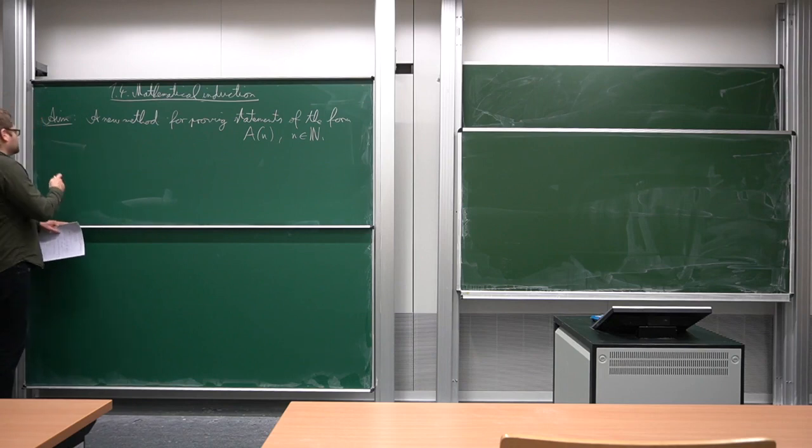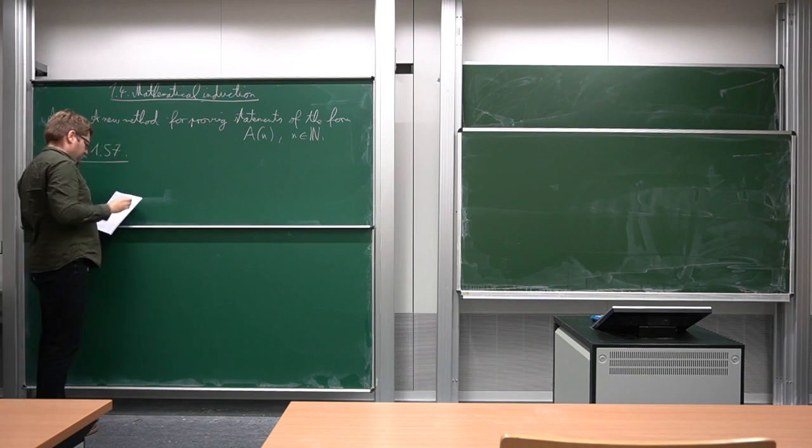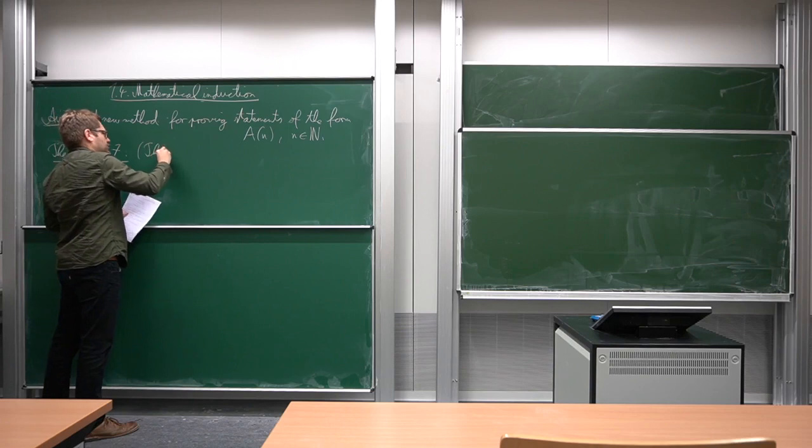to introduce. And the way this proof method works, we will first formally derive, similar to what we did in the previous section about the natural numbers. Namely, this is called the induction principle.